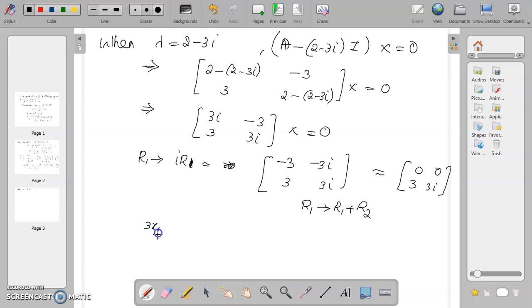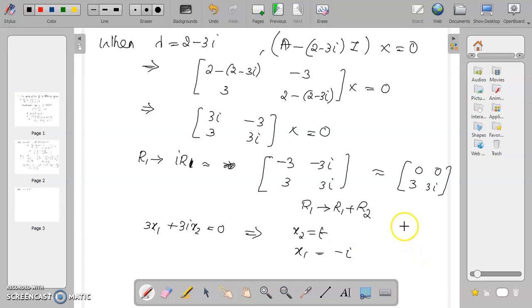So we will get the equation 3 x1 plus 3i x2 equal to 0. So take x2 equal to t, so you will get x1 equal to minus i t.